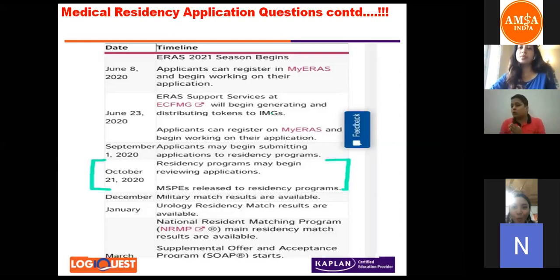But again, that's not going to be the most important criterion, but yes, it will certainly be one of the considerations of the program directors. And especially after the 2022 change, when Step 1 becomes pass/fail, the only parameter I have to judge a particular student is going to be your Step 2 CK scores.